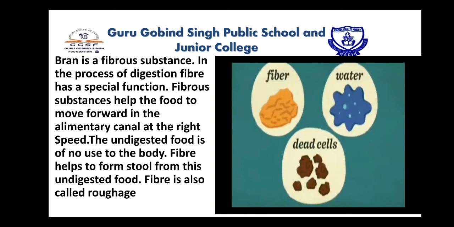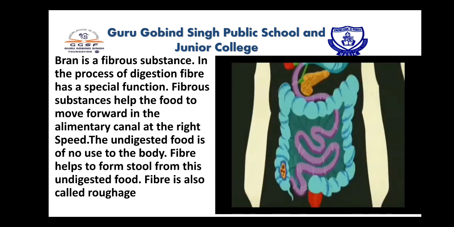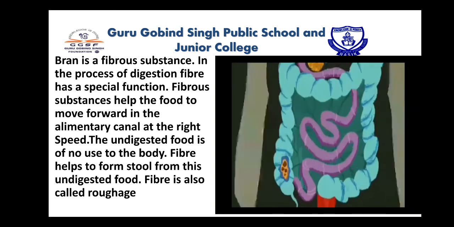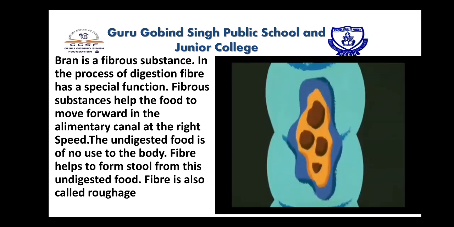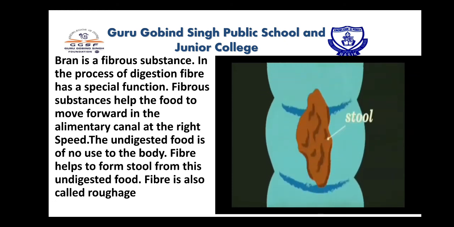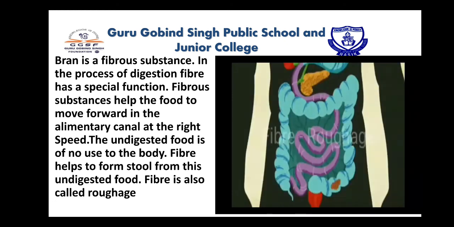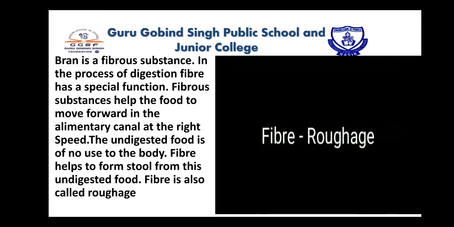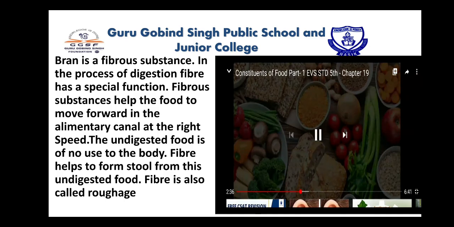Fiber helps to form stool from this undigested food. Fiber is also called roughage. As you can see in the video, stool is formed with the help of fiber, and fiber is also called roughage.